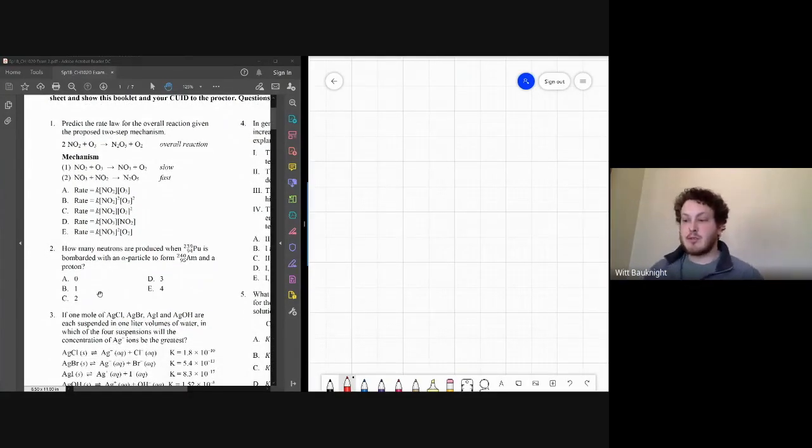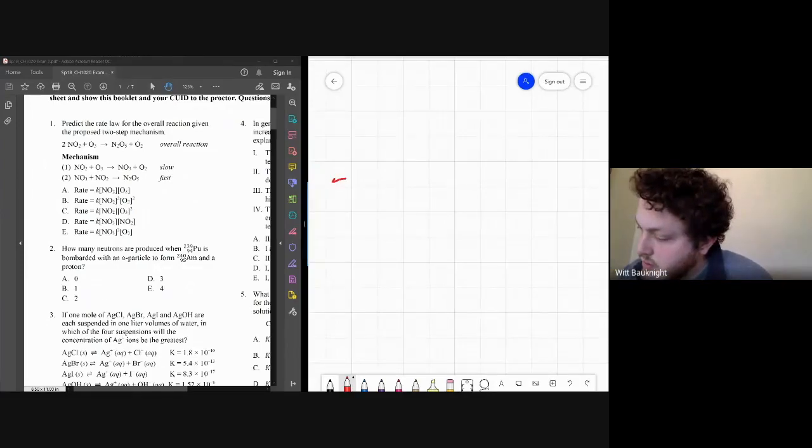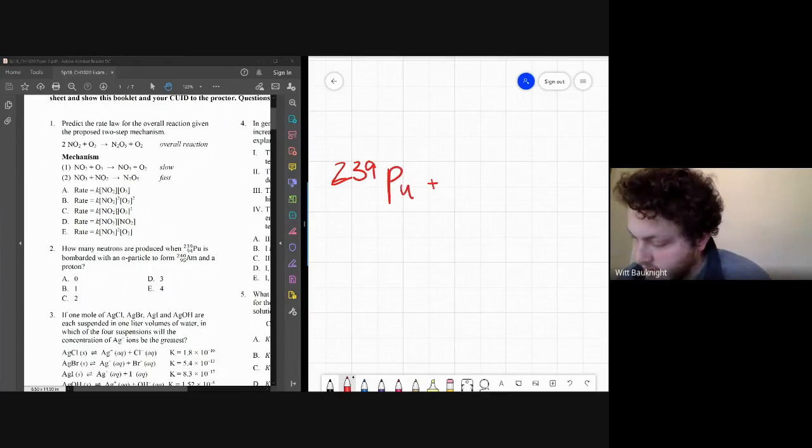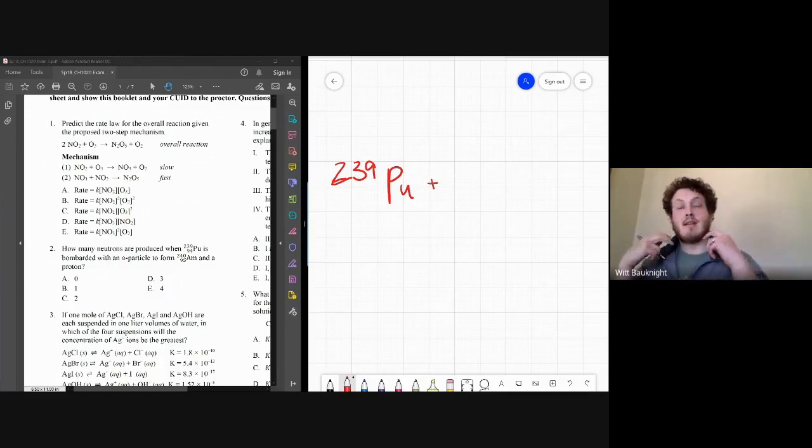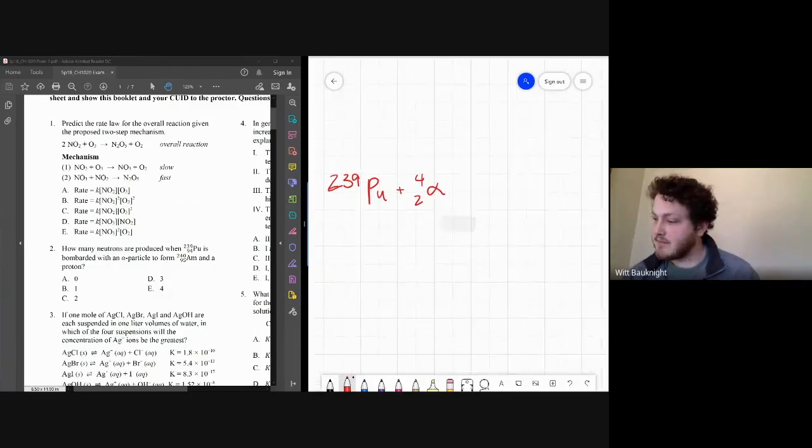How many neutrons are produced when plutonium 239 is bombarded with alpha particles? So when a problem says we're bombarded with something, that means it's a reactant. So we know that we have exactly one alpha particle on our reactant side.